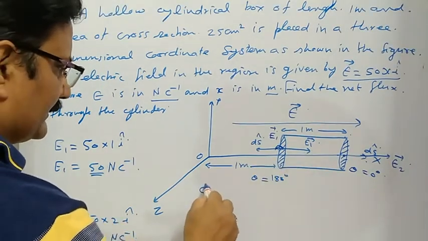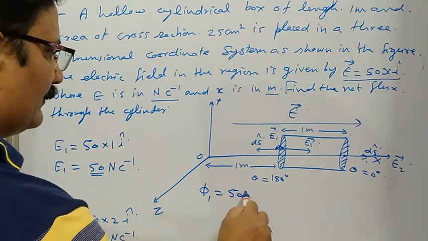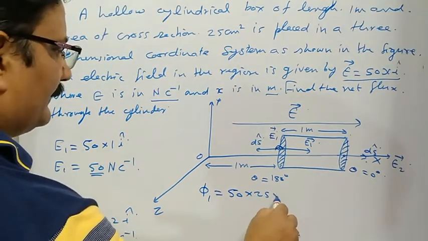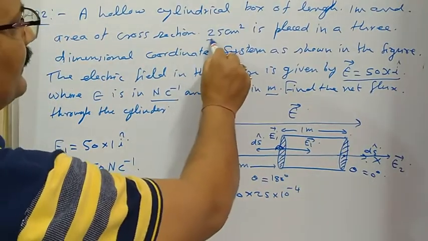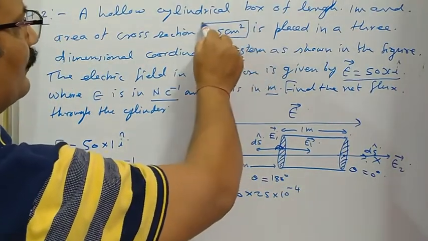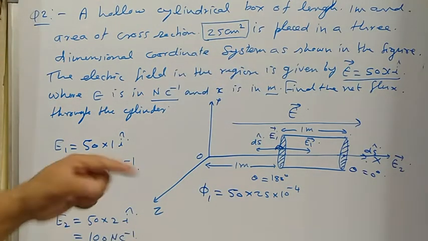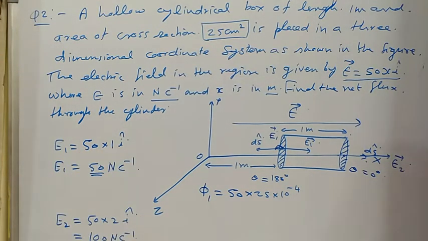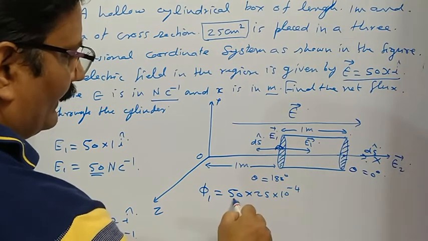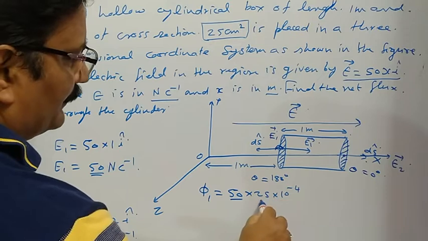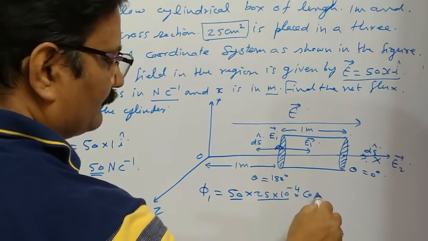That is phi1 equals 50 into 25 into 10 to power minus 4, as 25 centimeter square has to be converted into meter square since we are calculating in the SI system. So electric field multiplied by area vector into cos 180 degree.